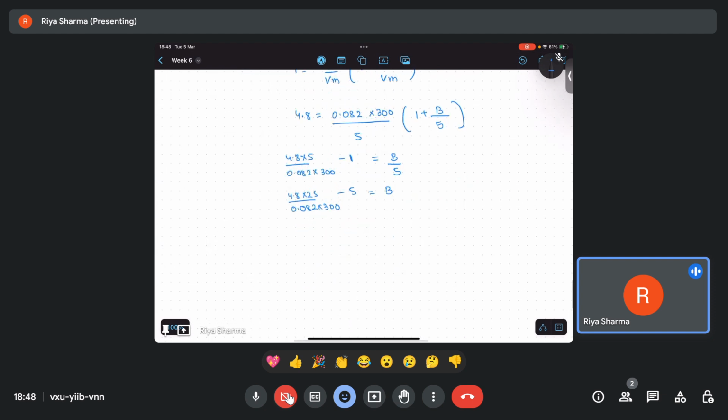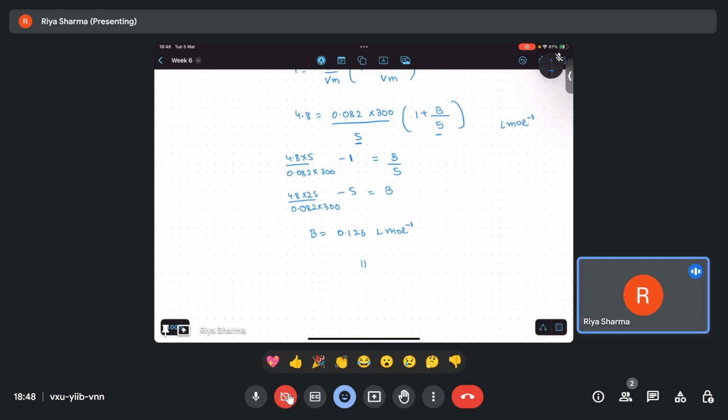You can take a minute to work it out. But remember, we are doing it in liter per mole. All these answers, because we are taking 5 liter per mole. So whatever the answer comes around, B equals, my answer is coming in mole inverse, because everything was in liter and mole.